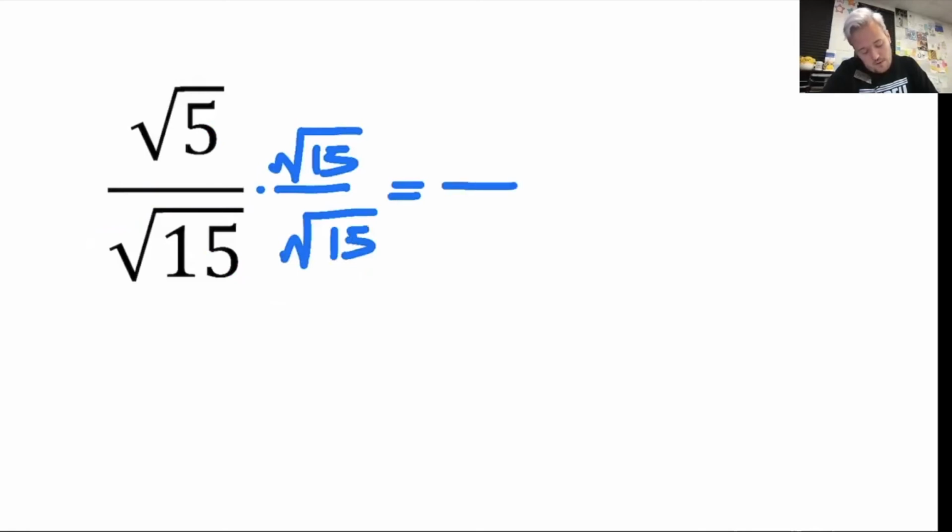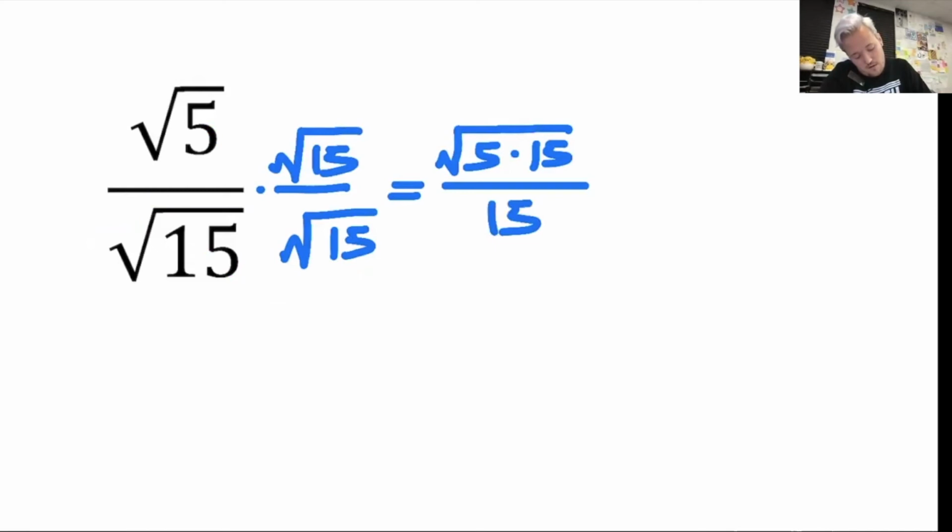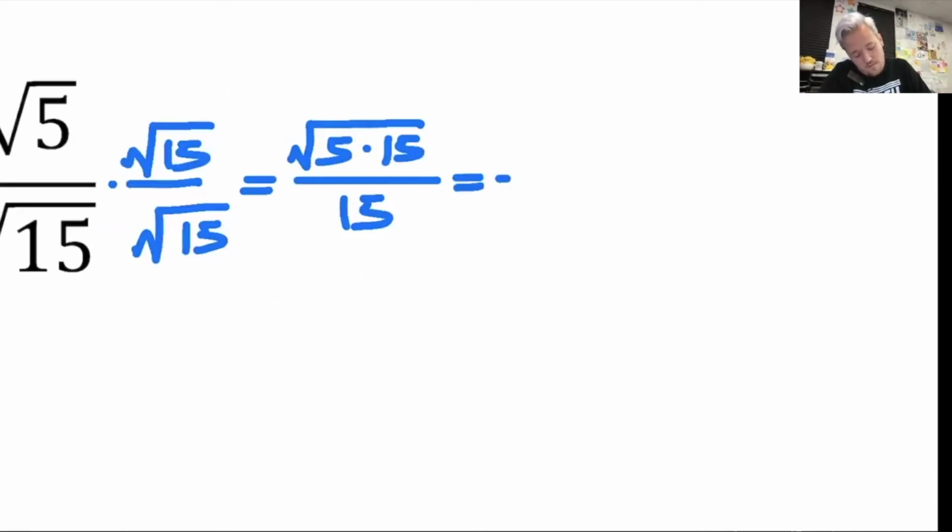So I'm going to multiply across. Square root of 5 times the square root of 15 on top, and on the bottom, square root of 15 times the square root of 15, which gives you 15. Here, I'm going to split 15 into 3 and 5.